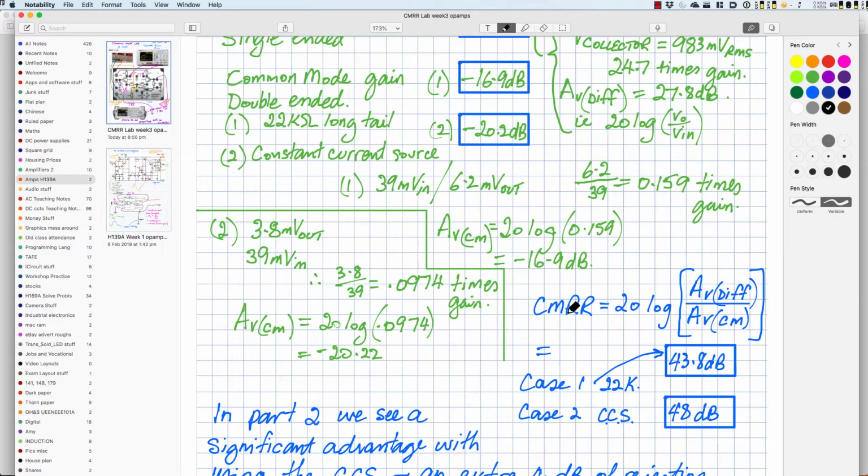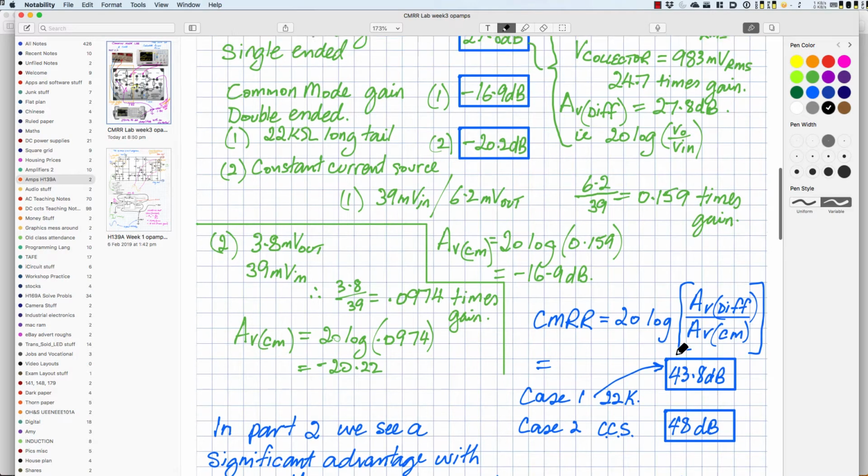Working out the common mode rejection ratio, and this is what we see with all operational amplifiers, of course, and they are much, much higher than what I get today. Case 1, case 2, we have to do the AV differential, and I've just worked in ratios here. AV common mode, 20 log times that again.